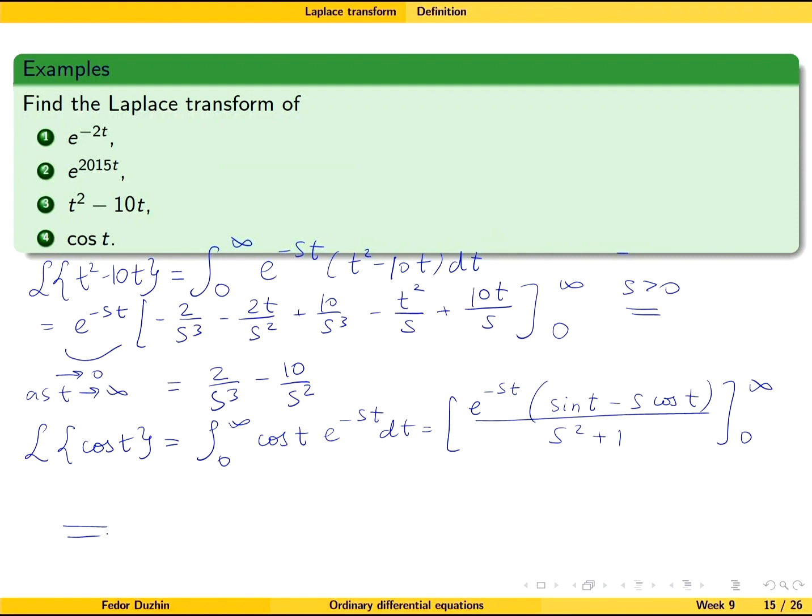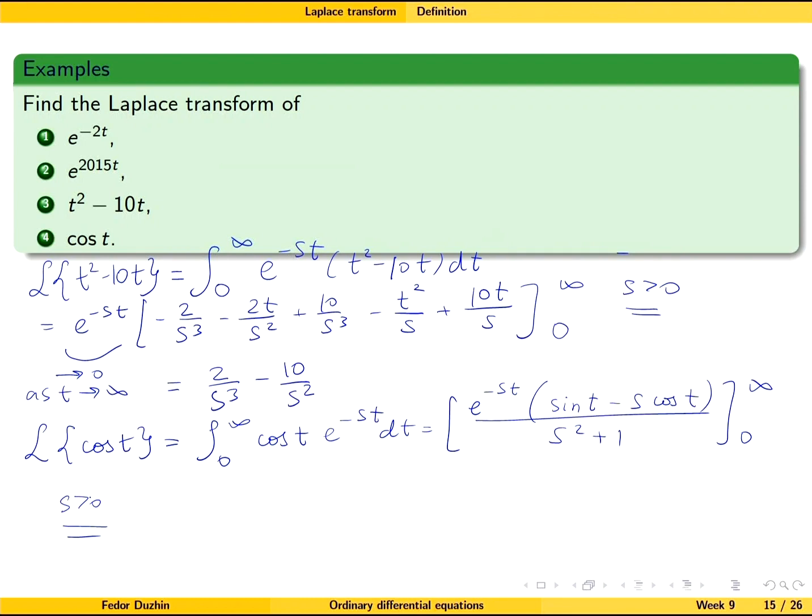And again, this only is defined when s is positive, because if s is 0, then there is no limit when t goes to infinity. It's just oscillations. If s is negative, then e to the minus st is an exponential function with a positive exponent. If t goes to infinity, we're going to have oscillations of increasing magnitude, but there is no limit.